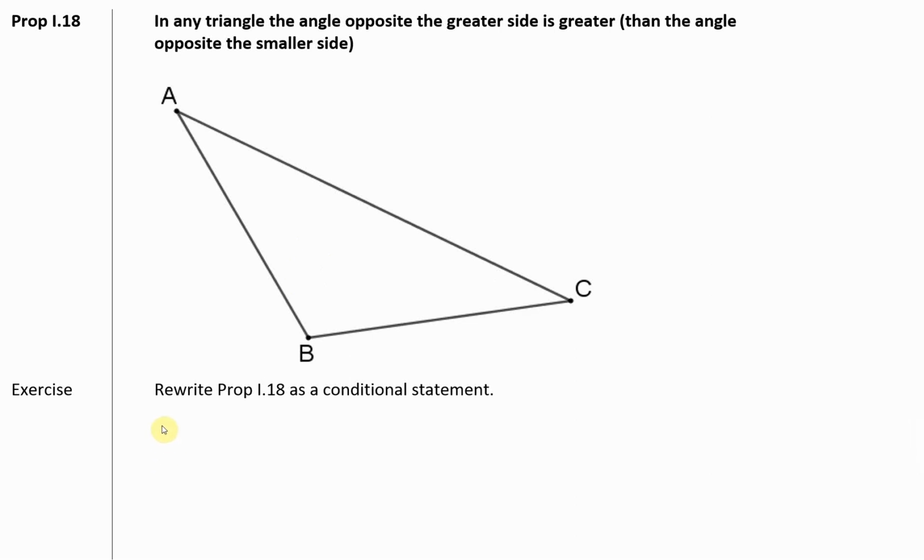So in triangle ABC, if angle ABC, if AC, line segment AC, is greater than AB, okay?